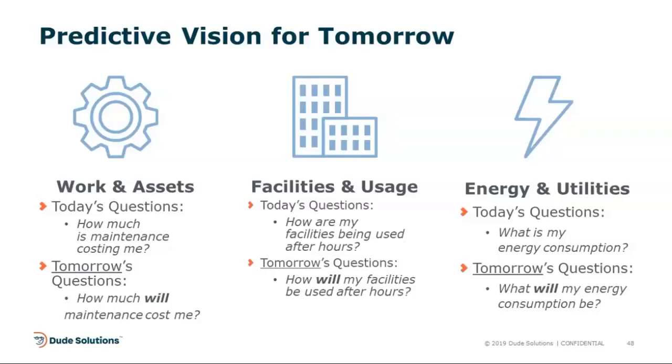Are there things that can be done and implemented to drive energy consumption down, or even if energy consumption goes up, how do we mitigate that and manage it? So starting to ask those questions on shifting away from what is it today to what will it be can help drive those insights into what may be in store for maintenance and operations in your organization tomorrow. So starting to look at those questions and what they might be.